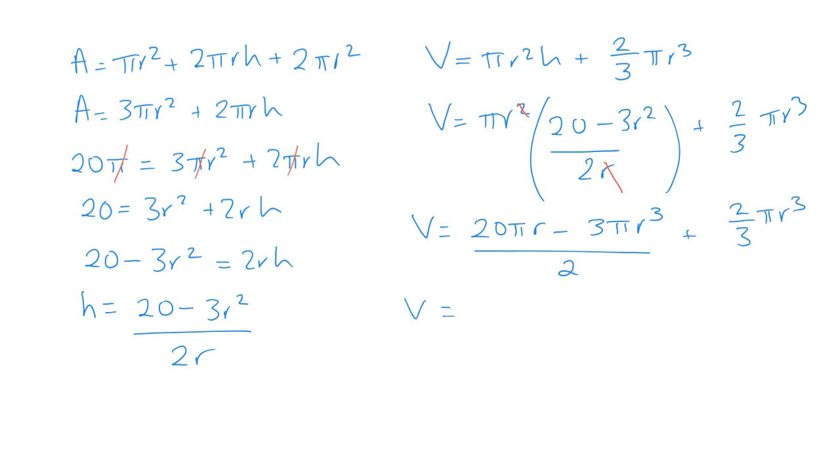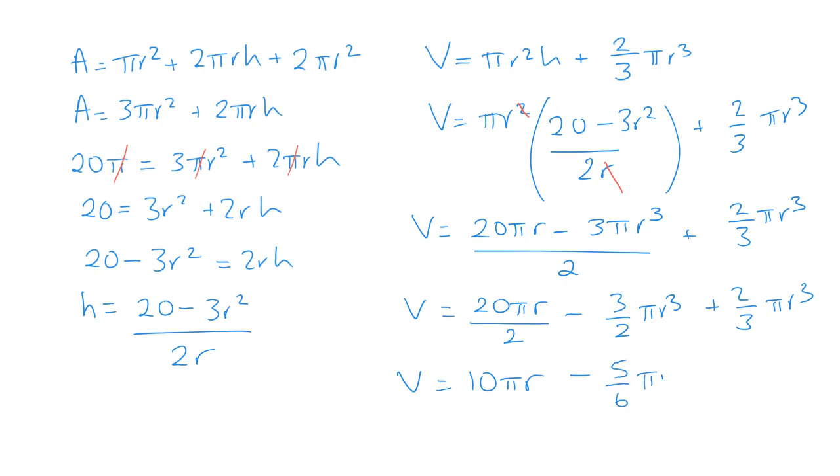So separating out this first fraction with 20 pi r over 2 minus 3 over 2 pi r cubed. So that gives us 10 pi r. And then we've got minus 3 over 2 pi r cubed plus 2/3 pi r cubed. And when you work that out, you get minus 5/6 pi r cubed, which is what we were looking for.